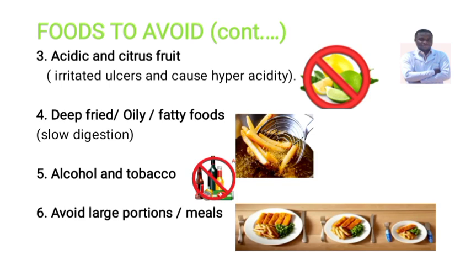But also we have deep fried, oily, or fatty food. We have to avoid this food. Why? For the reason that a patient who utilizes a proton pump inhibitor has low acidity in the stomach, and this fatty food slows the digestion.